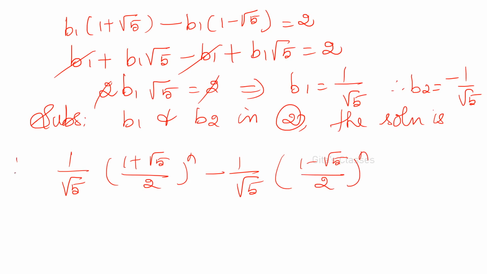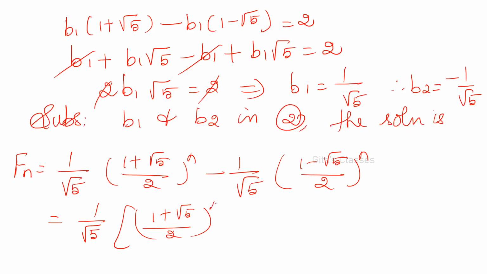This is our solution. If you take 1 by root 5 outside, you can write it as 1 plus root 5 by 2 the whole power n minus 1 minus root 5 by 2 the whole power n.